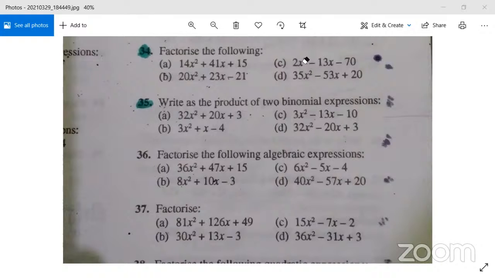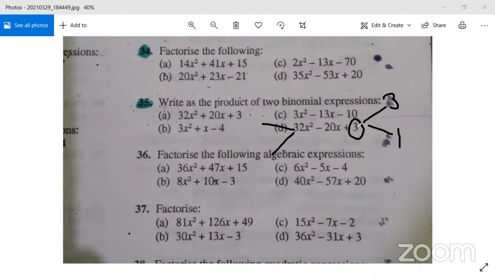Now, knowing about your factors is very important for this type of question. And then also about your prime numbers, because when you look at this, the only factors of 3 are going to be 3 and 1. Now, this is a composite number, so this will have quite a number of factors.